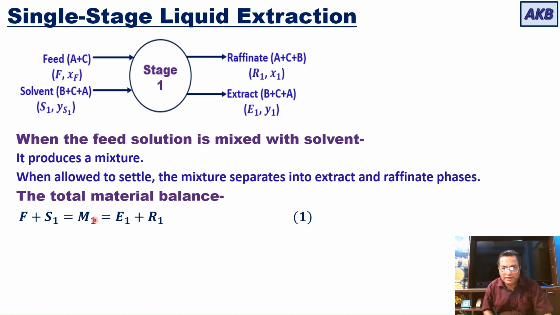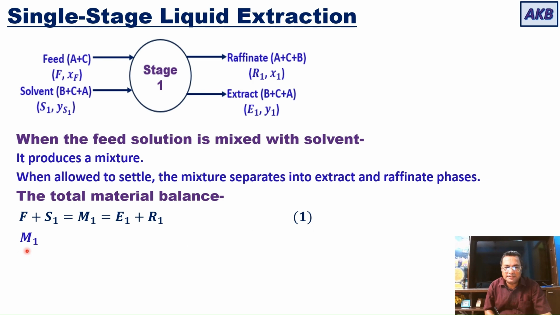You'll get a mixture, and then when this mixture is allowed to settle, it will separate into extract and raffinate phases. That's why the total material balance will be F plus S1 is equal to M1, mass or mass flow rate of the mixture, that is equal to E1 plus R1, mass or mass flow rates, depending on whether it is a batch wise operation or a continuous operation. Let me call it equation number 1.